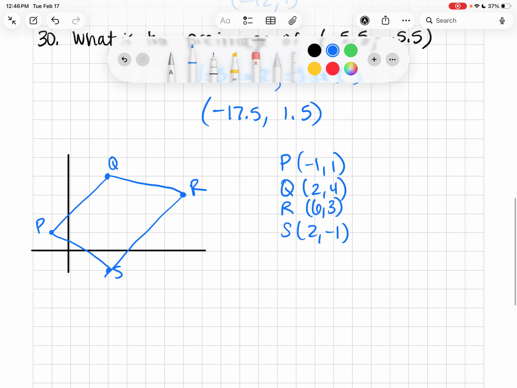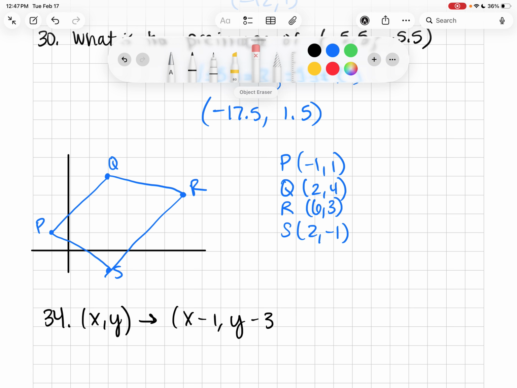So number 34 says we're going from x, y to x minus 1, y minus 3. I need a little more space.